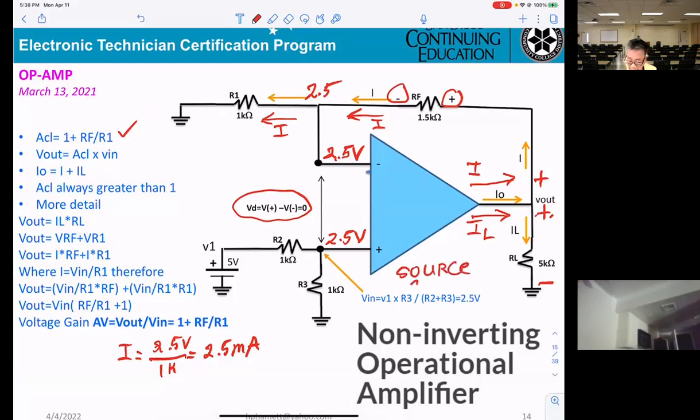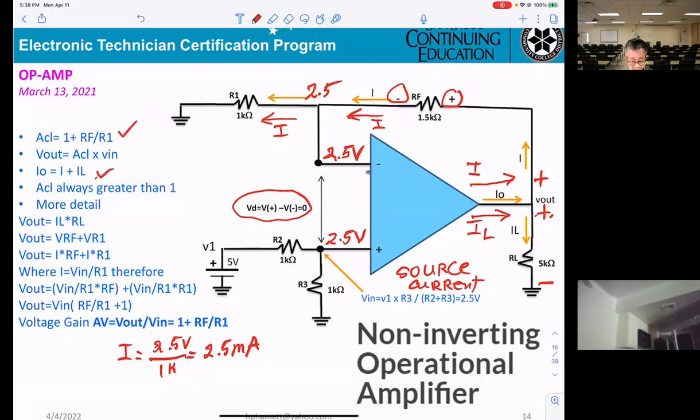Okay, short current. That means the op amp will send out the current. And we can see I out of the op amp equals I plus IL. Okay, that's the formula they given to you here.